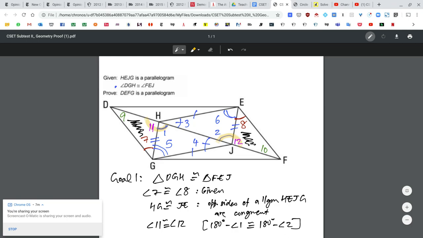Therefore, the two triangles are congruent by angle side angle. This is not the only approach. There may be easier approaches, but this naturally occurs to me. Now that I know the two triangles are congruent, I can demonstrate that angle 9 is congruent to angle 10, by corresponding parts of congruent triangles are congruent.